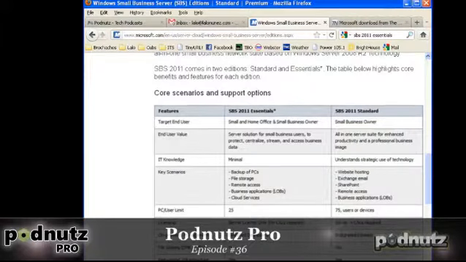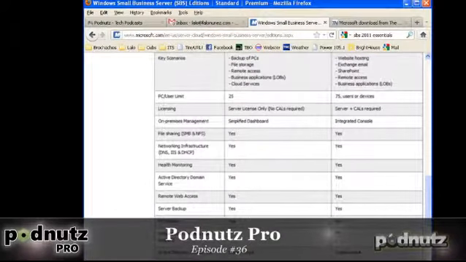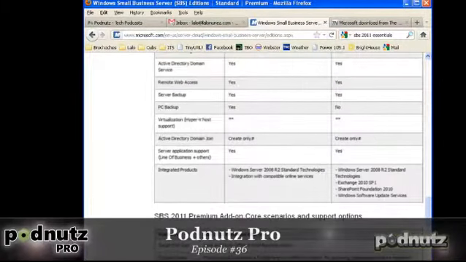We are looking at a screenshot where we are comparing the options for SBS Essentials versus Standard. For IT knowledge, Essentials is minimal. For Standard, understands strategic use of technology. Right, which is funny because SBS 2003 was supposedly minimal as well. I guess they realized that it wasn't.